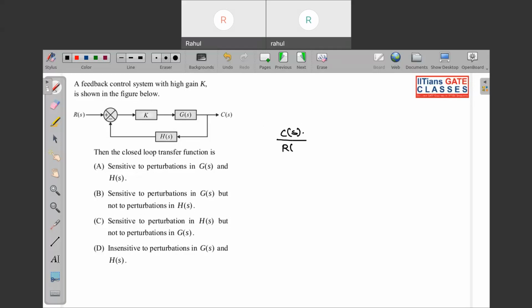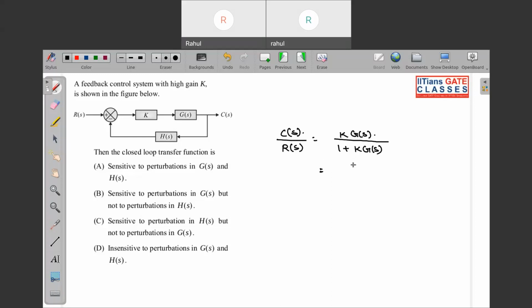So first, let us calculate C(s) by R(s). That will be equal to KG(s) divided by 1 plus KG(s)H(s). I can divide the numerator and denominator by KG(s).